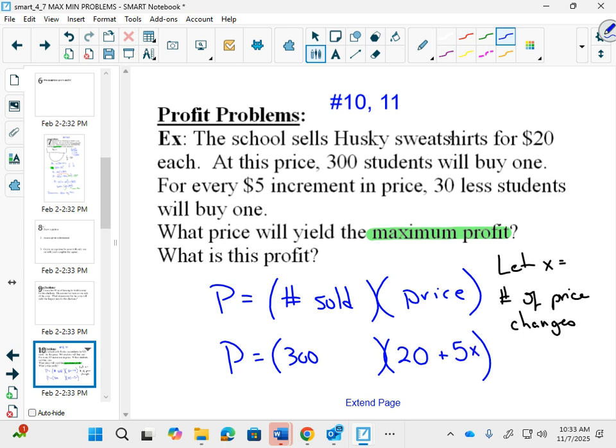If I change the price once, the price goes up by 5. If I change the price twice, it would go up by 10. What happens to the number sold if I change the price once? It goes down by 30. If I change it twice, it would go down by 30 twice.